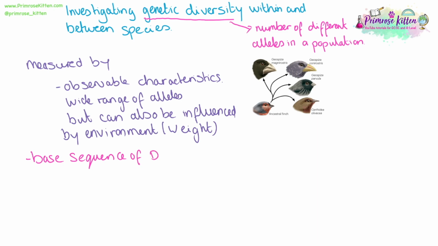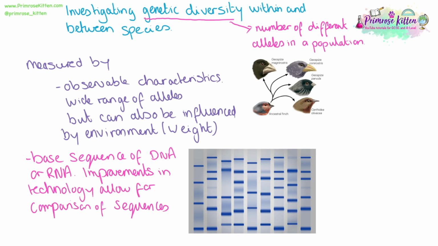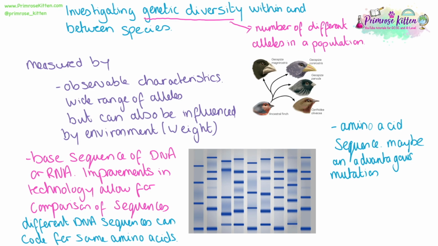We can measure it by the base sequence of DNA or of RNA, and improvements in technology are allowing us to do this more, and for us to be able to compare sequences. Alternatively, we could look at the amino acid sequence. Different DNA sequences can code for the same amino acid sequence, and this could potentially be an advantageous mutation. Closely related species will have similar DNA sequences.